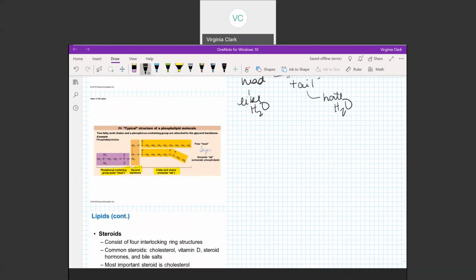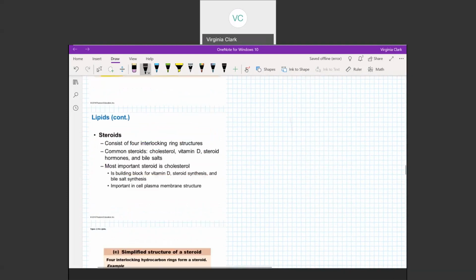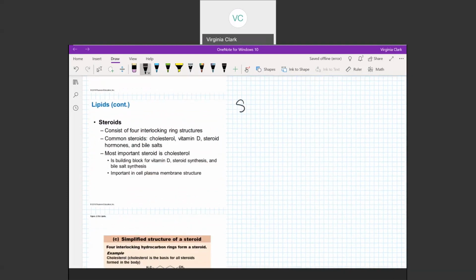So that's really important. The next type is going to be a steroid. And this is always going to be 4 interlocking rings. So a steroid will be made up of 4 interlocking rings. It is considered a fat, a lipid. It is not a carbohydrate. So some common steroids, you can see right here, we've all talked about these: cholesterol, vitamin D, steroid, and bile.